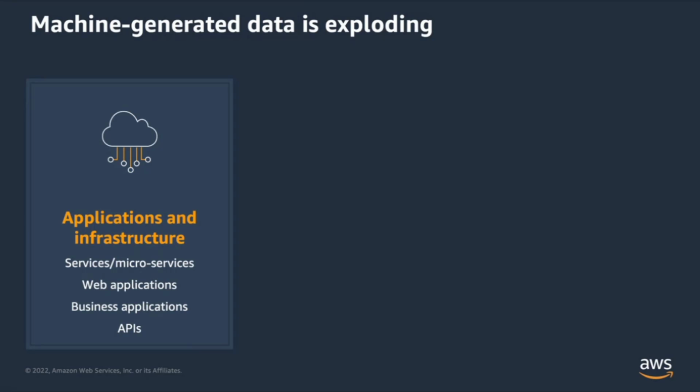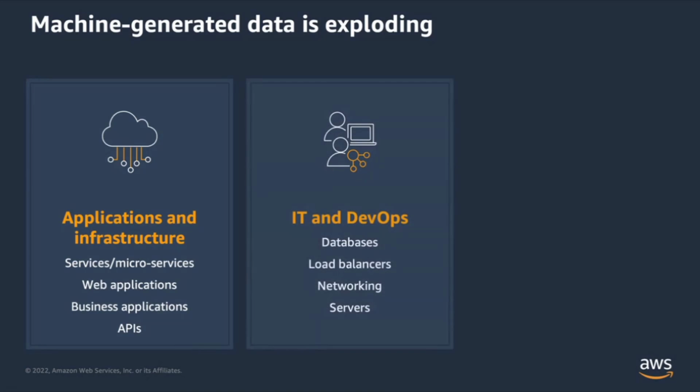That's a lot of data. And it's coming again from your services, your microservices, your web applications are maybe sending in click data or interaction data. Your business applications are monitoring what's going on, and you want to be able to analyze and look at that data. Even your APIs potentially are generating log data that you want to have a look at.